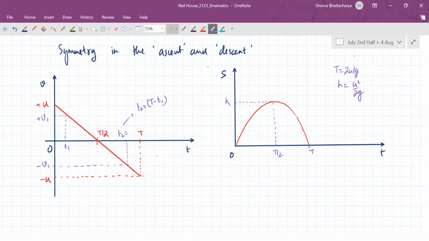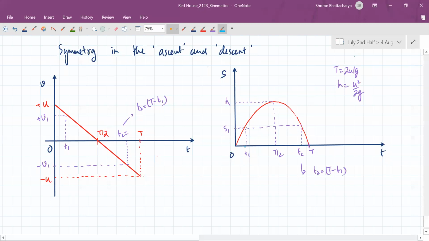And this also you'll see, that symmetry thing that I was telling you about, that if there is some time t1 at which the displacement is s1, then on its way down also it will be at that same displacement, but at a time t2 where there is this symmetry that t2 is equal to capital T minus t1.